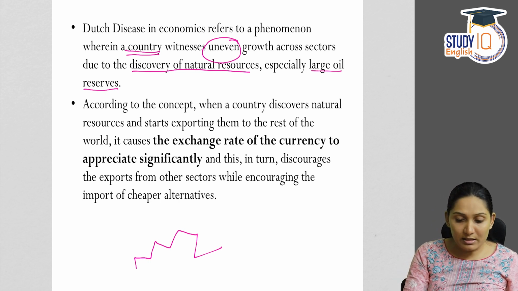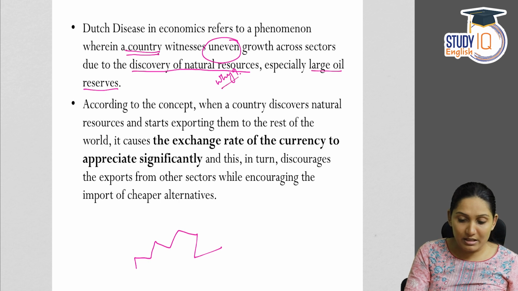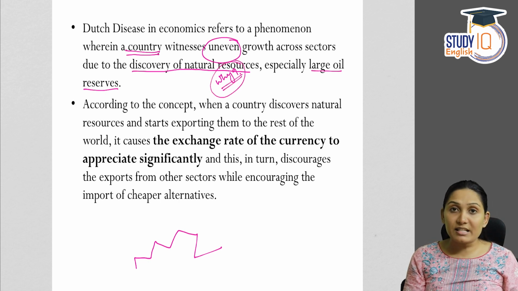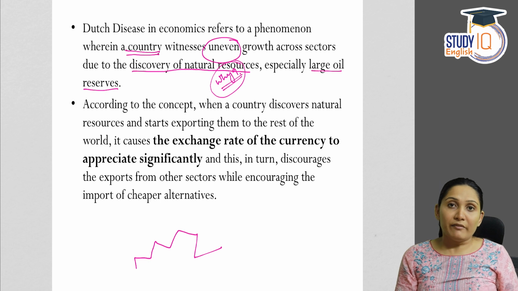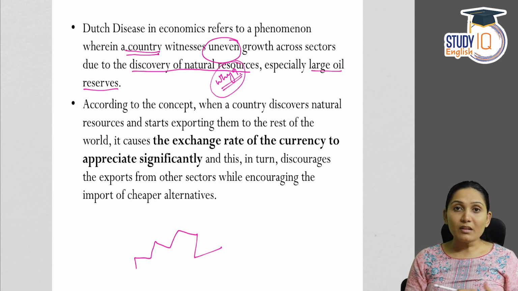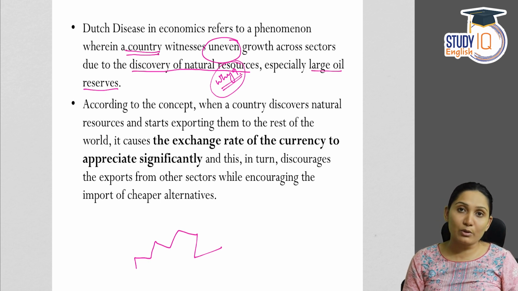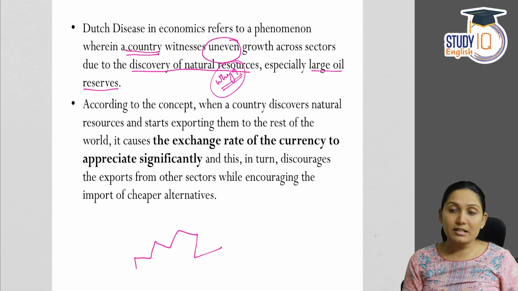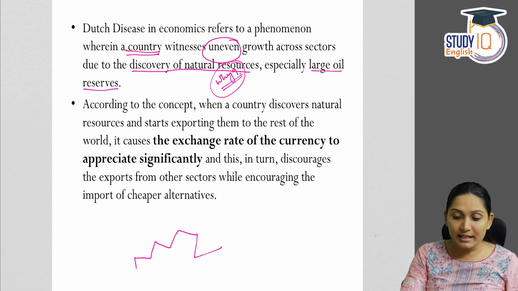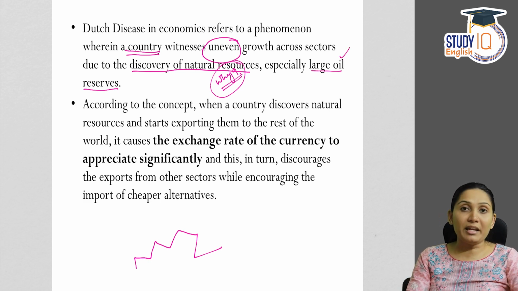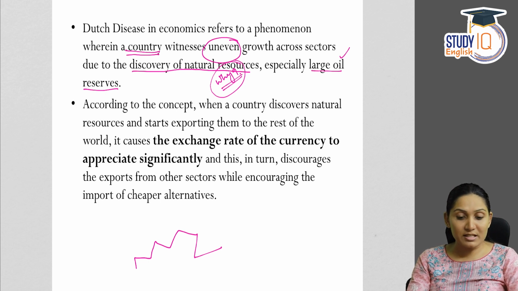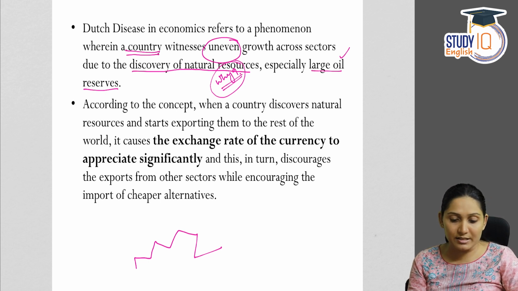Now, what is the reason for this unevenness in the growth? This is because of the discovery of natural resources. We know that when there is a discovery of natural resources in an economy, there is more prosperity or more potential for growth in that economy. Because of the discovery of natural resources, especially large oil reserves, a country experiences an uneven growth process, and this is what is called Dutch disease.